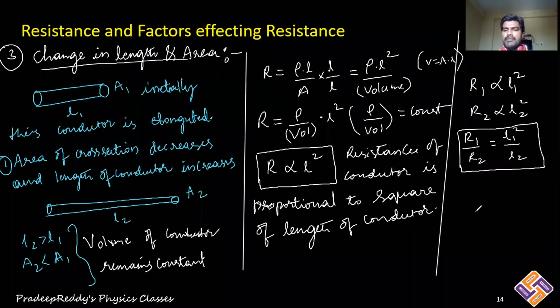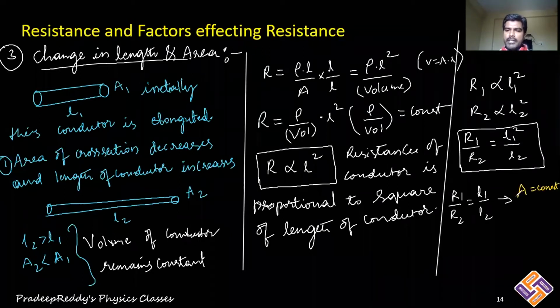Clear? That is how resistance changes with the square of the length of the conductor if the volume of the conductor remains constant. And this is very, very important. Don't get confused with R1 by R2 is equal to L1 by L2. R1 by R2 is equal to L1 by L2 if and only if A is constant.